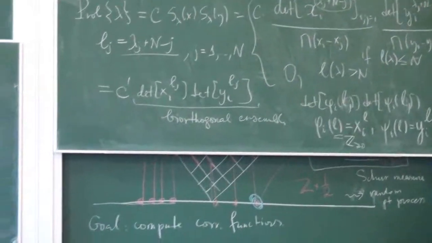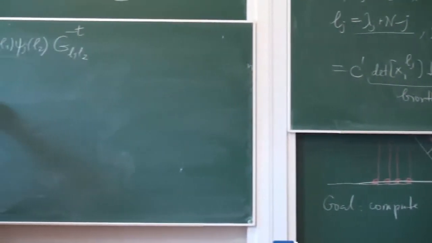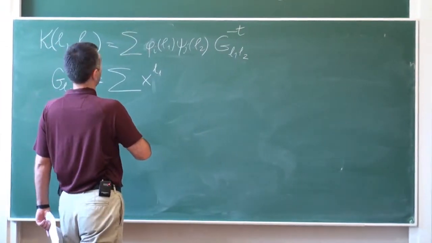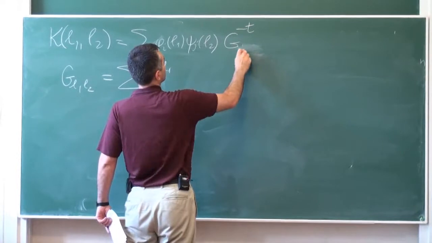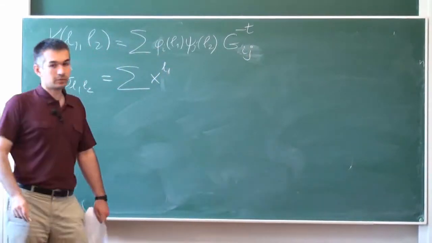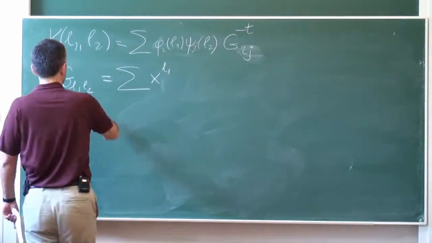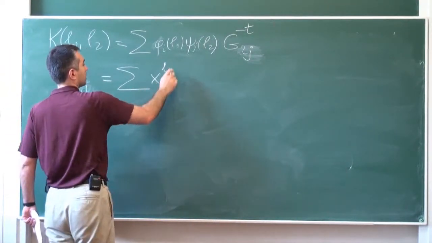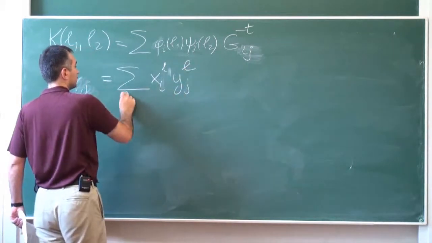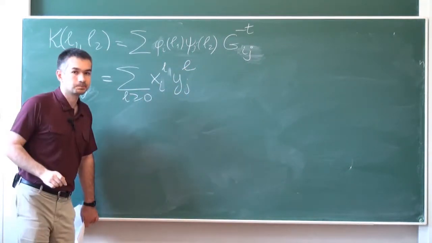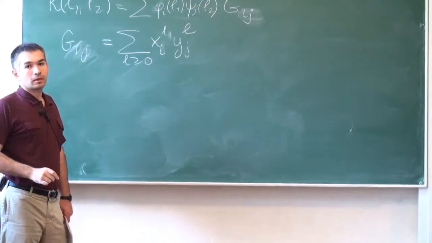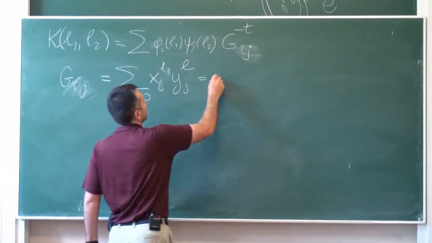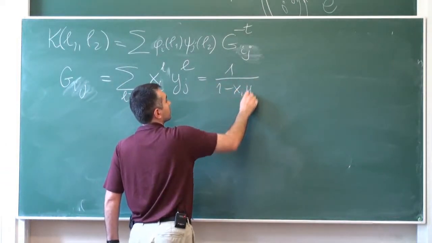So this is G_ij, the sum over L greater or equal to 0 of x_i to the power L times y_j to the power L. You know how to compute that, right? It's 1 over 1 minus x_i y_j.